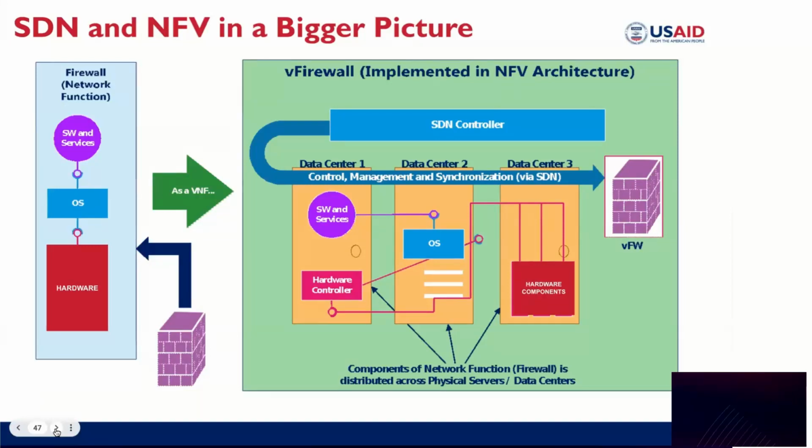Okay, good. So another topic that would be discussed for our course would be the interrelationship between SDN and NFV. Essentially, these are two technologies that are correlated together. Now, in the bigger picture, once we start deploying network functions in our network, NFV would be responsible for ensuring that the different components can actually be spread across multiple data centers.